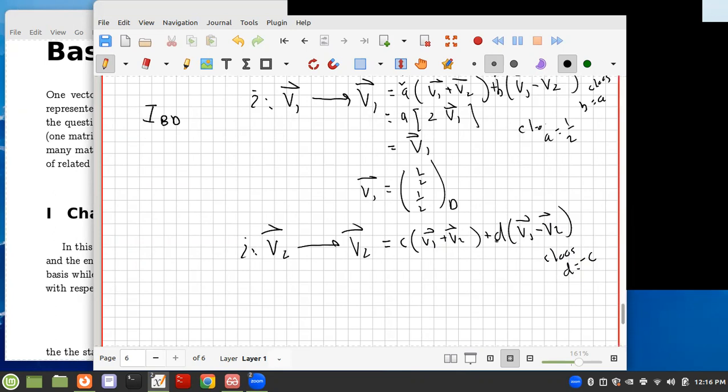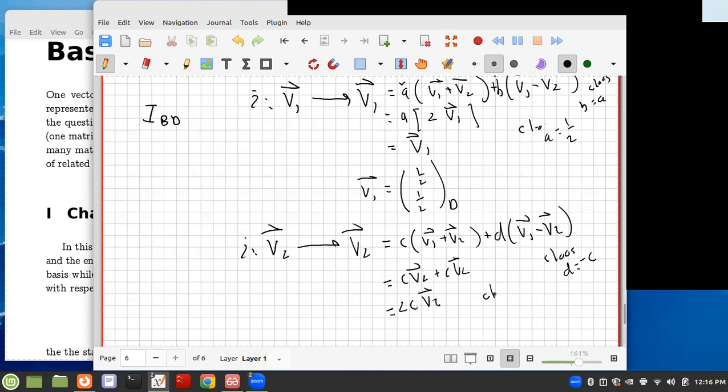So if I choose D equal to minus C, I'll have C times V1 plus minus C times V1. The V1s will cancel out. And this will equal C times V2, then the minus sign here will cancel that minus sign. I'll have plus C times V2, so I'll get 2C V2.